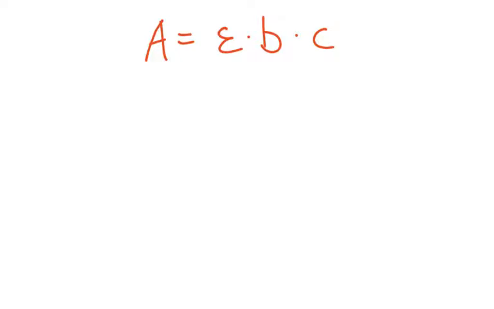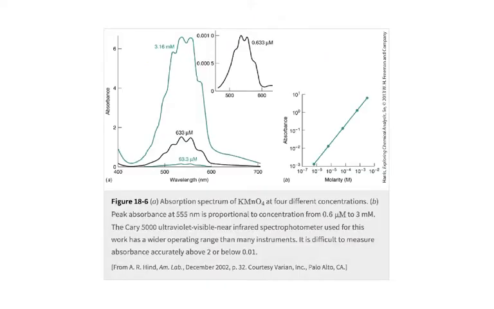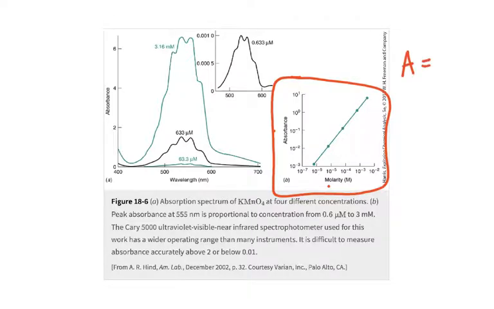on concentration. Anytime you have an equation like this, imagine rearranging it, and you can solve for anything. So let's say you have a situation like this, where we have a known absorbance and a known molarity, and we also know that we have this relationship.